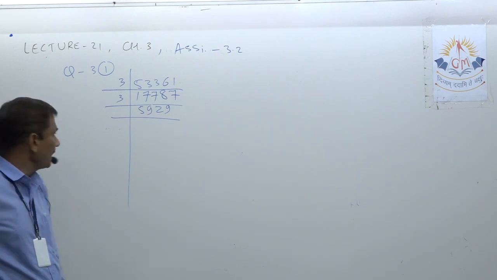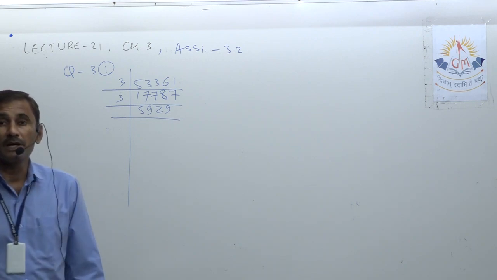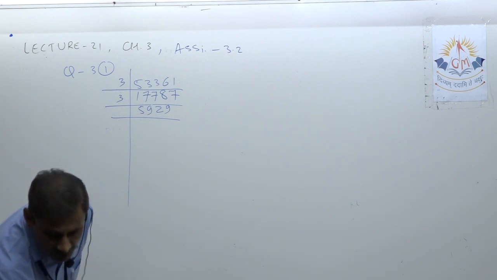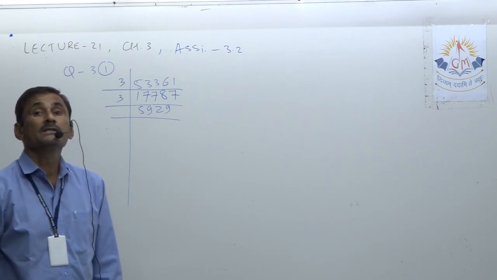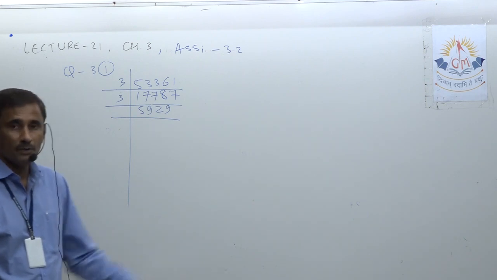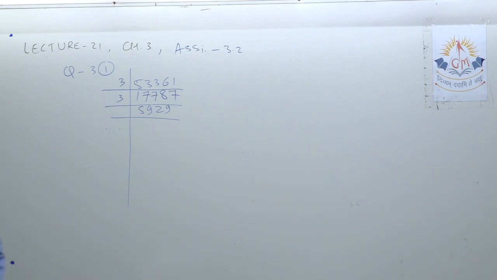So just try to check the next numbers. Try to find whether it is divisible by 7 or not. So check whether it is divisible by 7 or not.